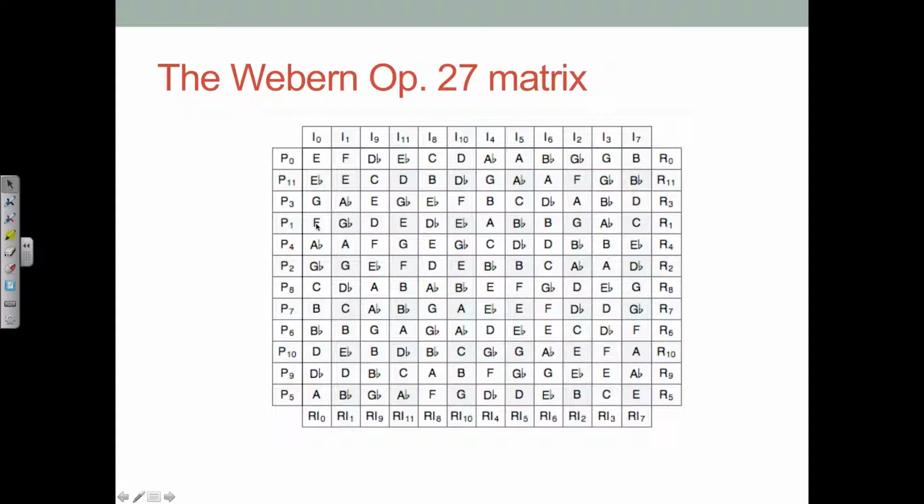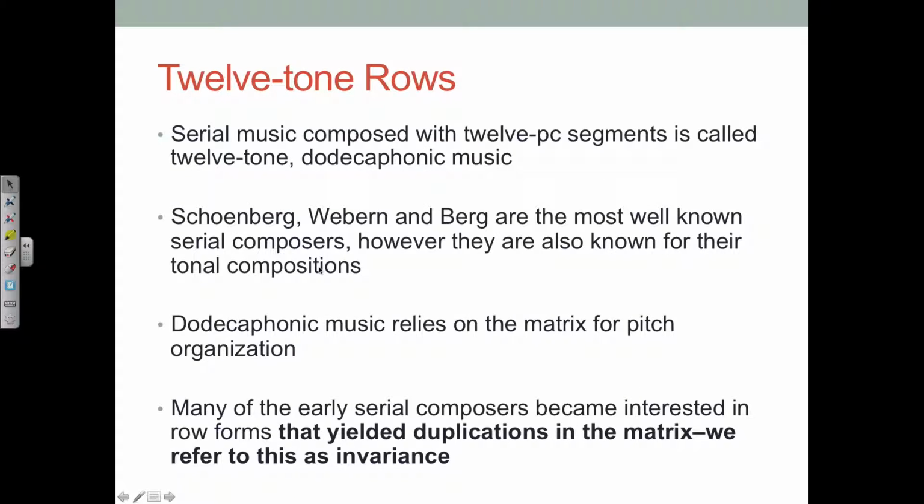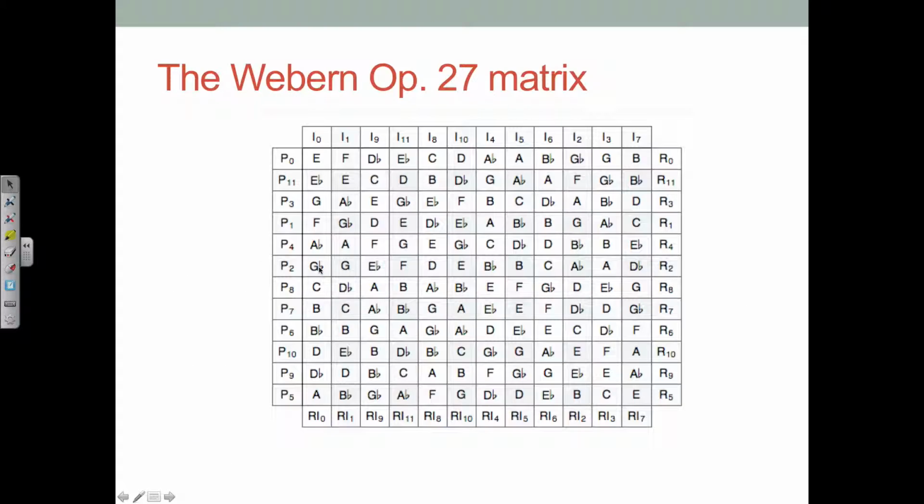Now, if we go up a half step to G flat right here, that will give us our row form transposed up two semitones. So we label that P2 and so forth. Once we get that, we can see our transpositions.